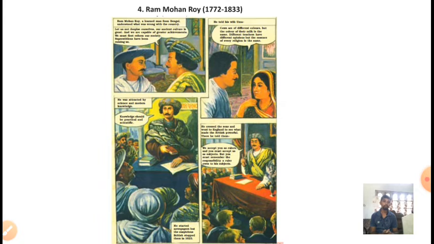Whatever may be the teacher of religion, the religion teaches the same thing, only the good things. There may be different opinions of different religious teachers, but the essence and the values are the same. So that is the idea of Rajaram Mohan Roy.